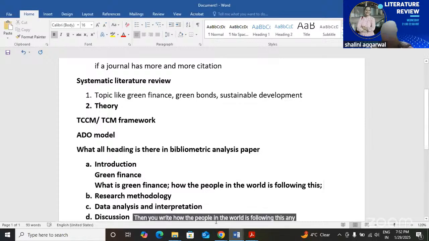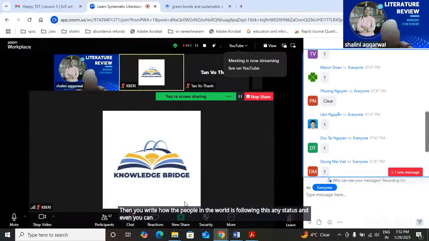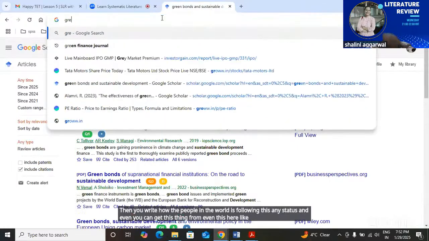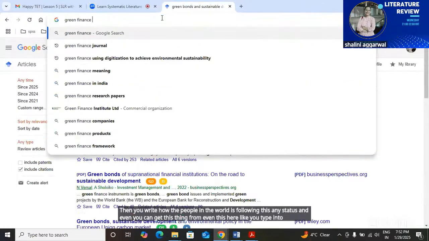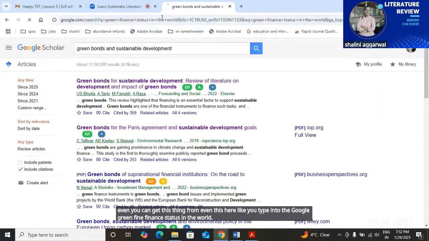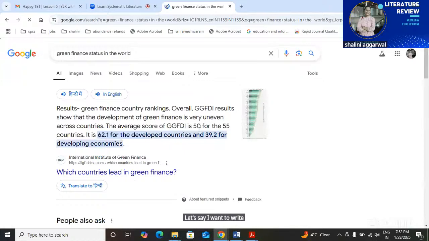You can get this from Google, like you type into Google green finance status in the world. Let's say I want to write this. So you can get this information from the Google website itself.